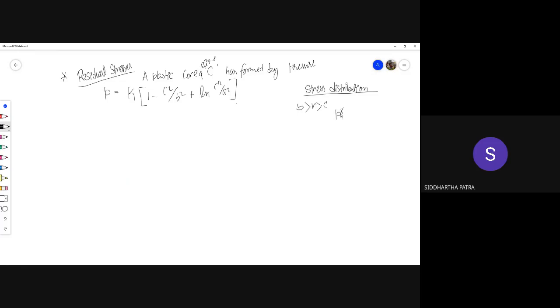First of all, P star is K times 1 minus C squared by B squared, and then sigma R is P star minus P star times B squared divided by R squared minus 1, divided by B squared by C squared minus 1, and sigma theta equals P star times B squared by R squared plus 1, and in the denominator B squared by C squared minus 1.